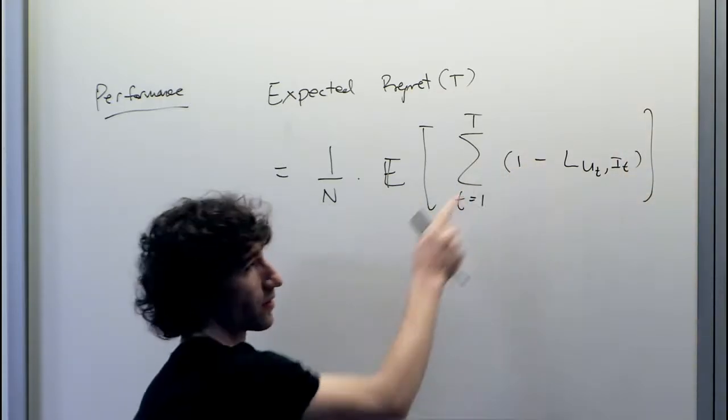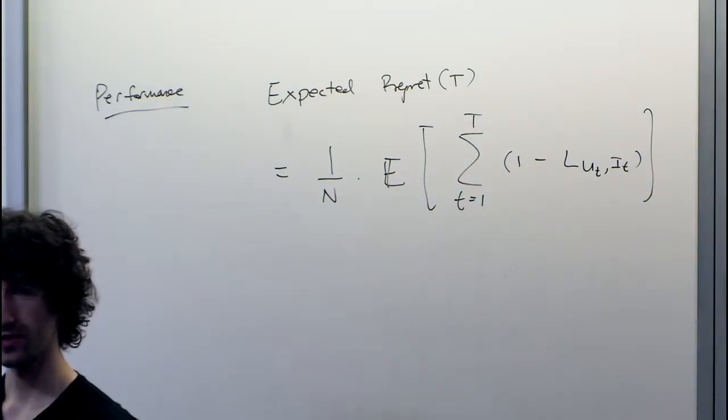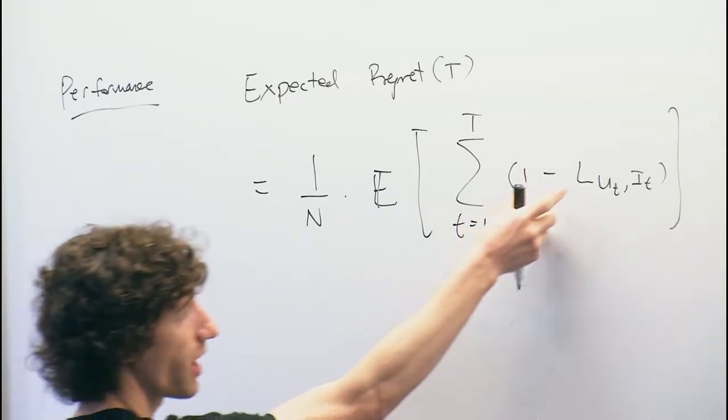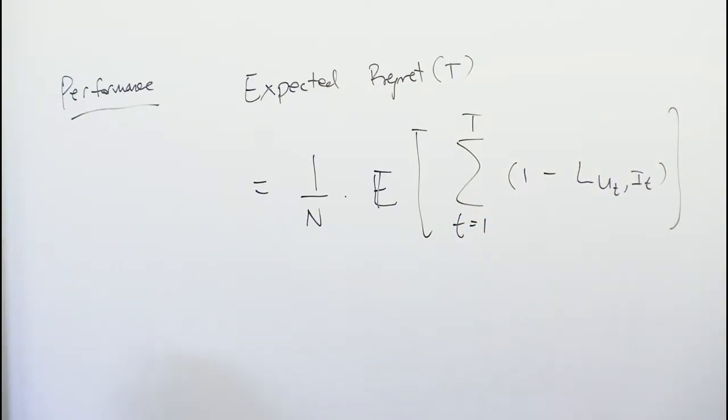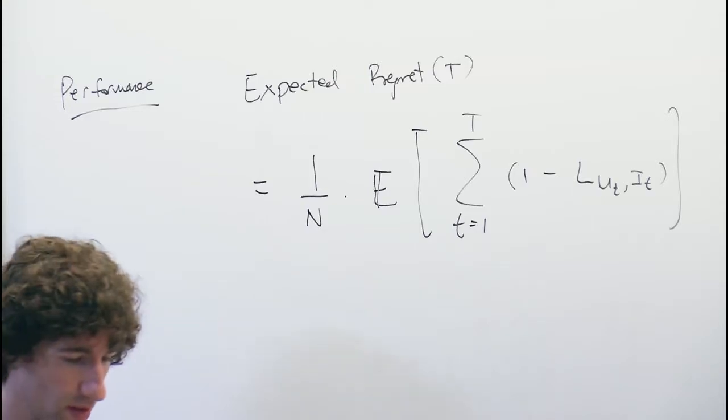All right, so we're comparing ourselves to what you would do if you just gave a good recommendation. That'd be +1. And so this regret is 2 if you gave a bad recommendation, and 0 if you gave a good one. So obviously you want a low regret. That's good performance.